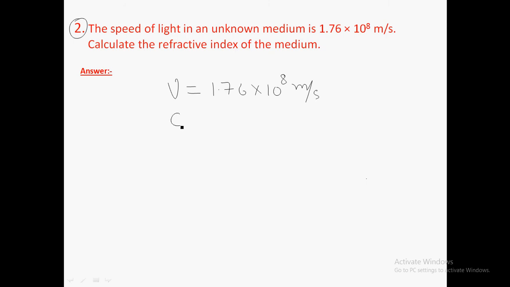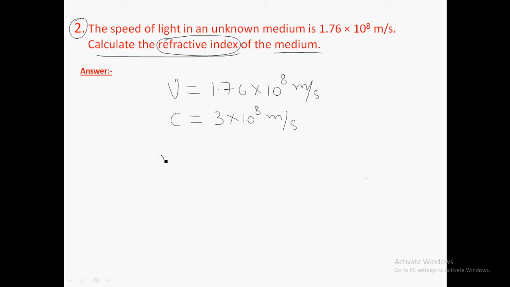Basically, we know the speed of light in a vacuum is 3 times 10 power 8 meters per second. What is being asked? Calculate the refractive index, meaning how much it is bending in the medium.